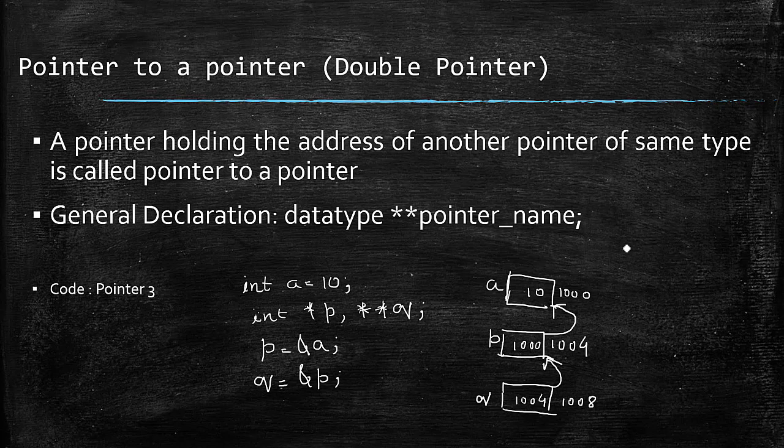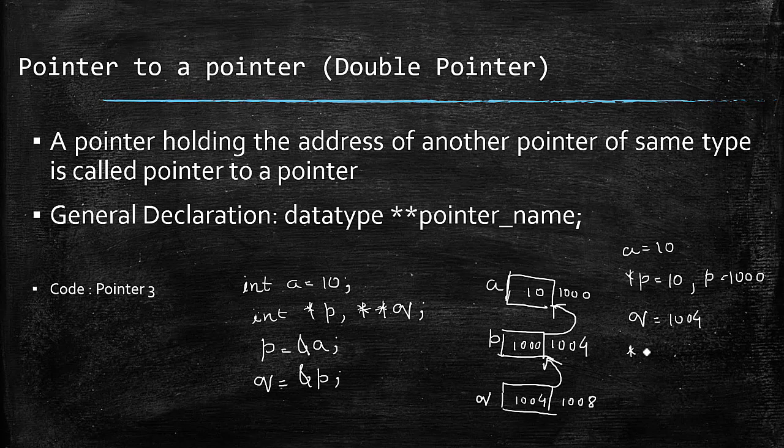Now if I print the value of a, what will it print? It will print 10. Now if I print star p, the value pointed by p, how much will it print? It will print 10. And if I print the value of p, I will get 1000, right? Now, if I print the value of q, what should I get? I will get 1004.